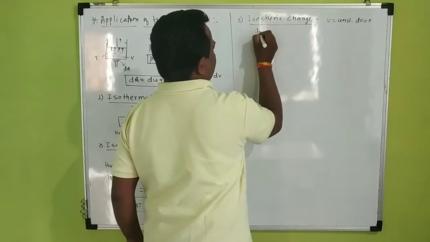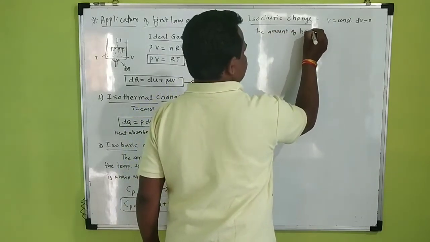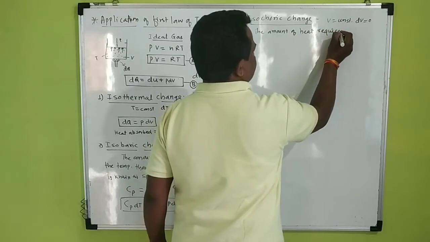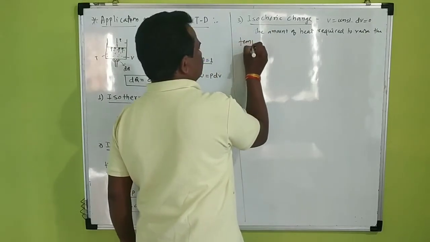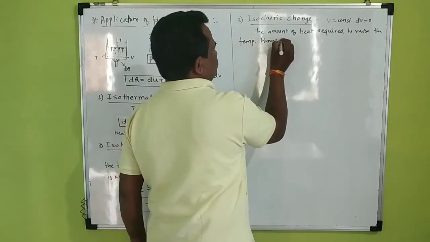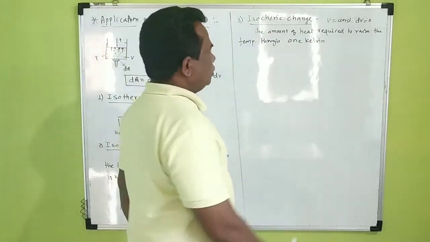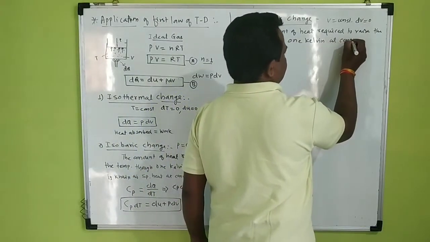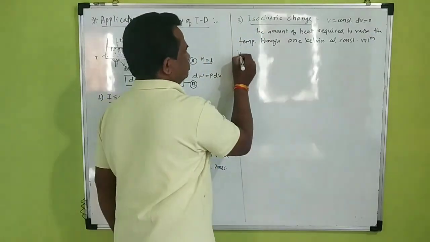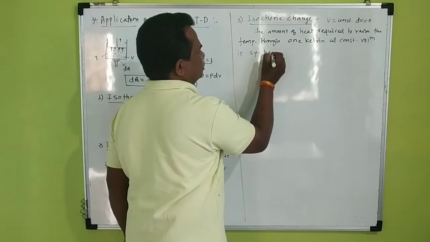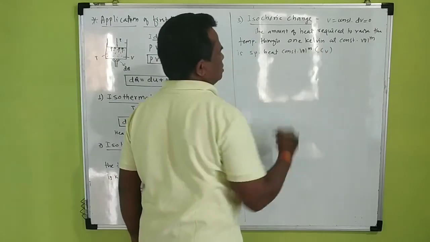The amount of heat required to raise the temperature through 1 Kelvin at constant volume is called the specific heat at constant volume, that is defined as Cv.